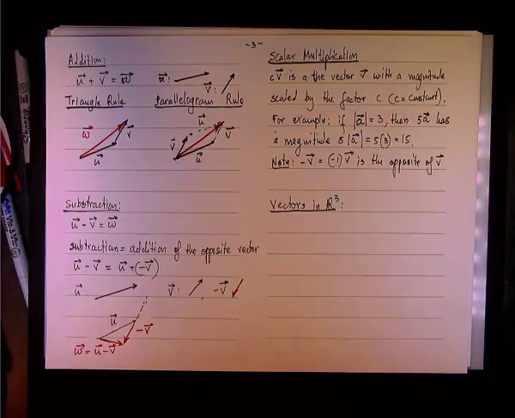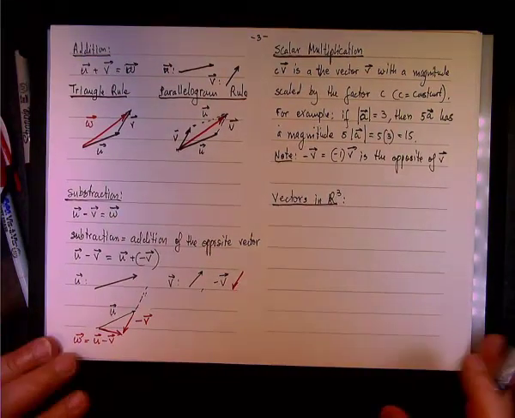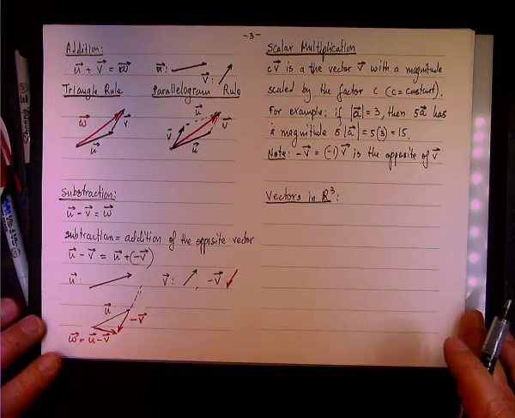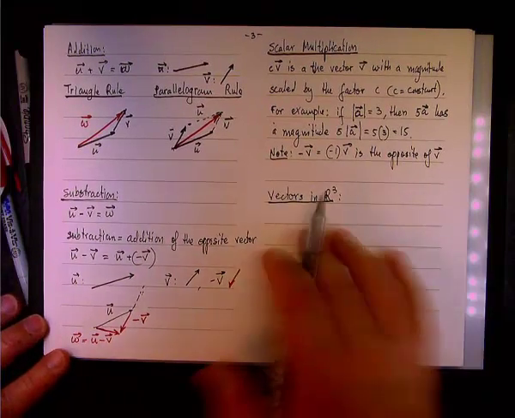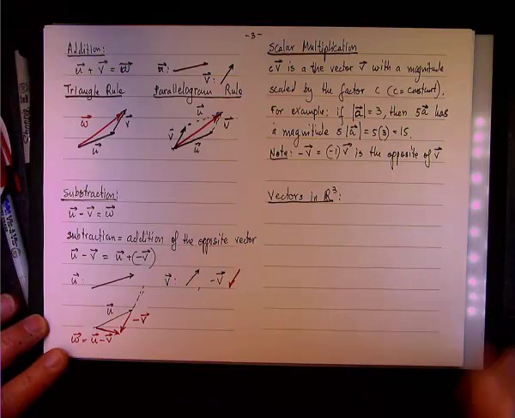Matter of fact, for the remainder of this chapter, we're going to focus on vectors in R3, in 3 dimensions. But remember, when we had the points A, B, well, we didn't talk about it, but you can draw conclusions from the R3 example.